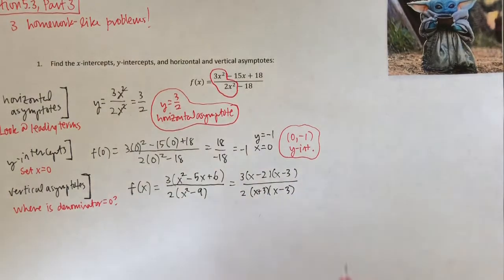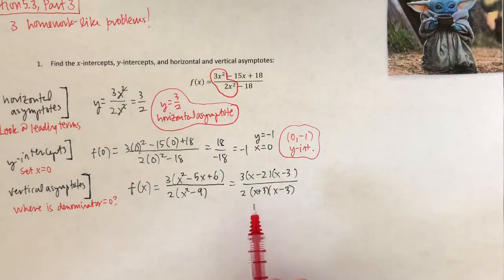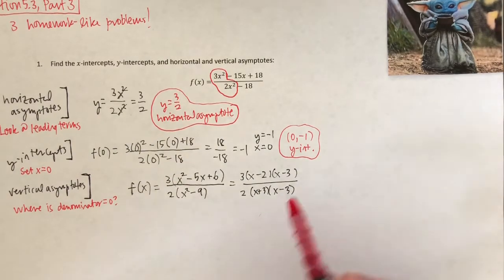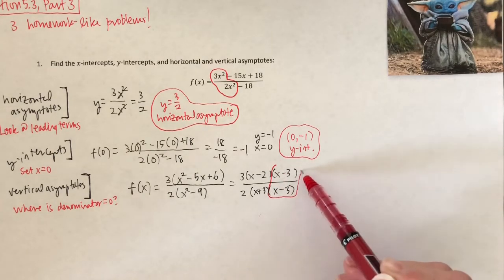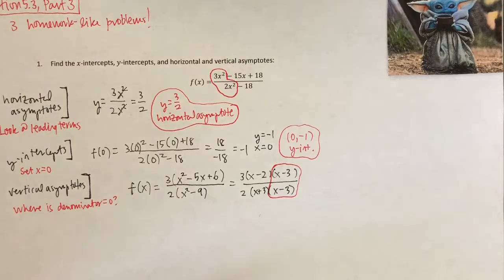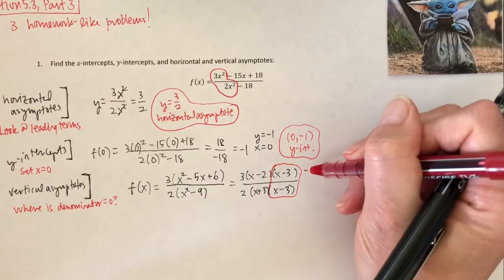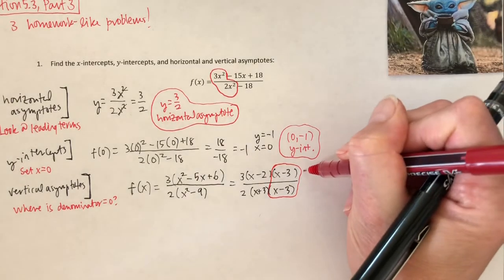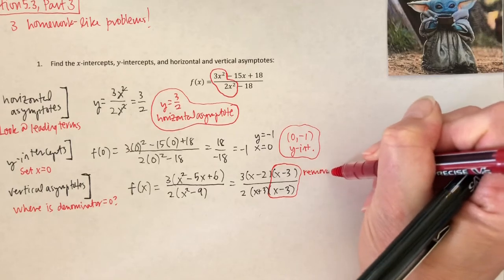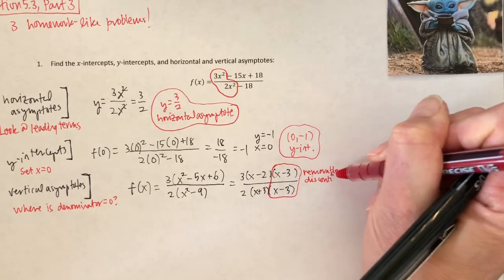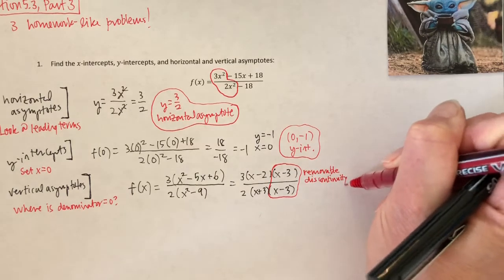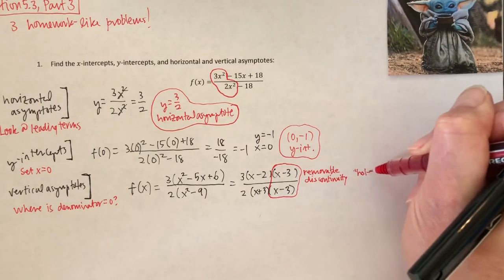Everything's factored, so I can start figuring out where my vertical asymptotes are. Right off the bat, I notice that there's this common factor in the numerator and the denominator. This will not result in a vertical asymptote. This, we've talked about before, is a removable discontinuity, or a hole.